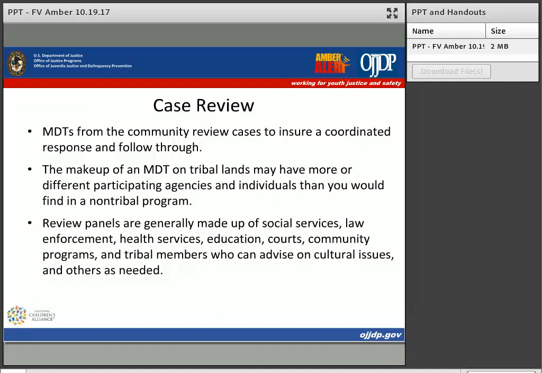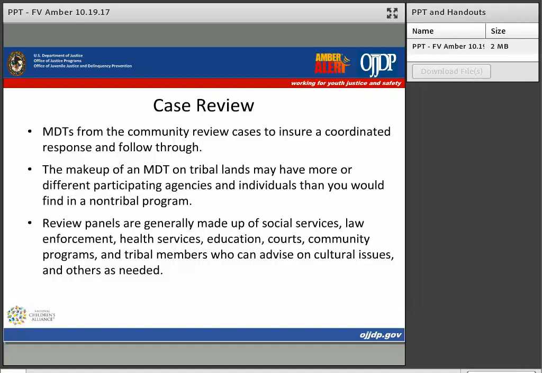One of the things that you need to understand is that the makeup of a multidisciplinary team on tribal lands may have more or different participating agencies than what you would find in a non-tribal program. Some of the dynamics of the community are going to make who you bring to that team different than you might find elsewhere. Generally, some of the core stakeholders that we need to have at the table are prosecutors, social services, law enforcement, health services, education in the community plays such an important role.